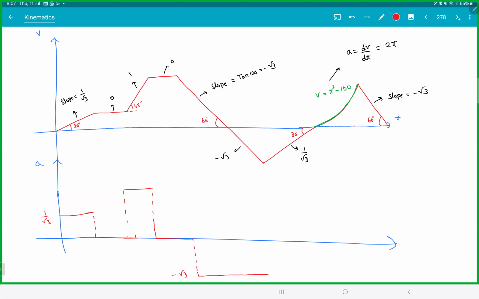This goes on for pretty long, and then suddenly the value bumps to 1 by root 3 again. And here the graph, if you see, is a line passing through origin. So that green part, I'll just draw with a line. It'll be like this, a straight line.